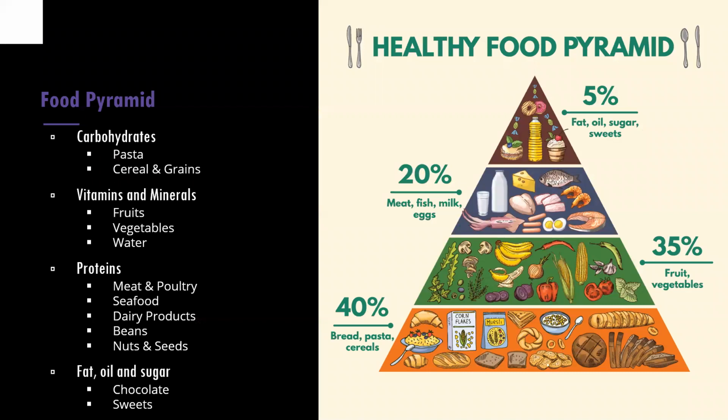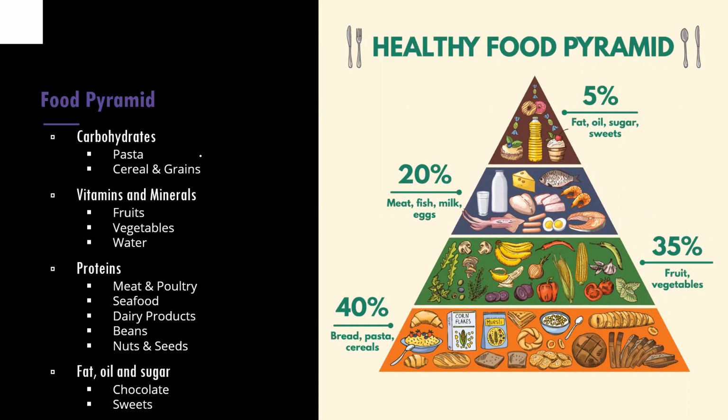So here we go. The food pyramid consists of having the most at the bottom of the pyramid and the least on the top of the pyramid, considering this as level of importance. So you're supposed to consume, according to the pyramid, more of what's at the bottom than what's on top.